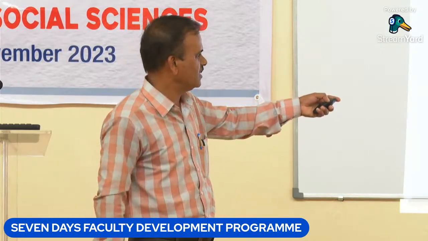Then the research scope, that is the scope of your study. Related to that, I have heard and also seen that especially PhD students collect bulk data. When they analyze it, only 30 to 40% of the data is useful for their purpose.